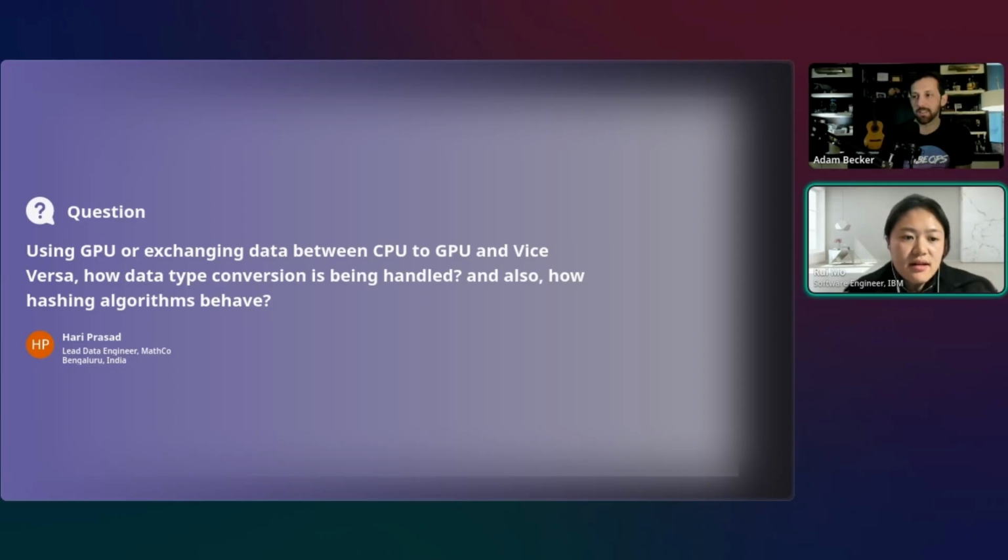Actually, there are GPU operators in Velox now. There are two independent parts in Velox. The basic part is for CPU, and the GPU part is new operators, but similar to the existing ones.